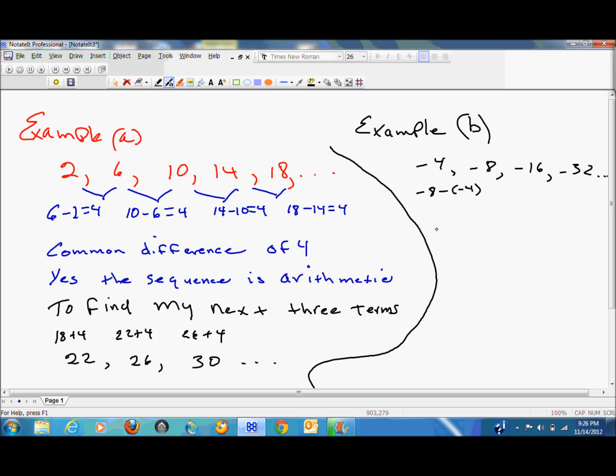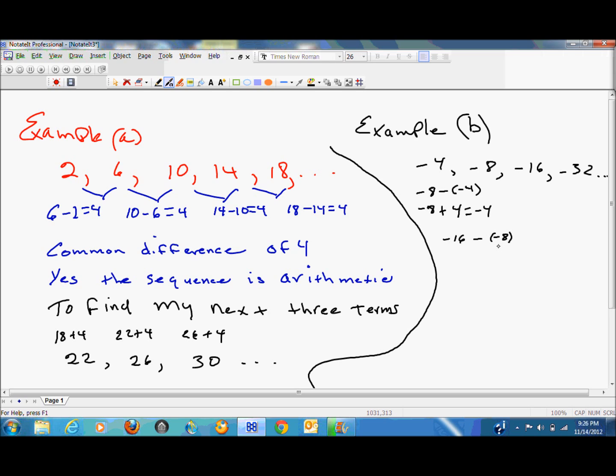Okay? So, if we look at that, now we see that negative 8 plus 4 is going to give me a negative 4. Wow. Let's take a look at the next one. So now we have negative 16 minus negative 8.